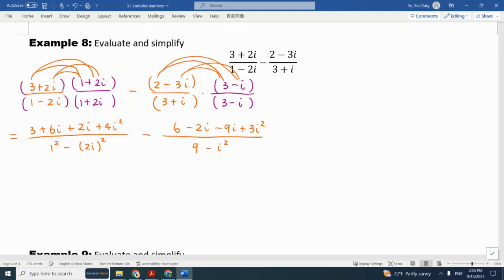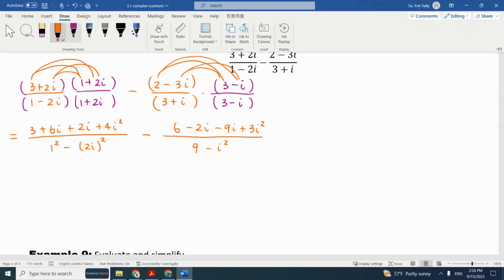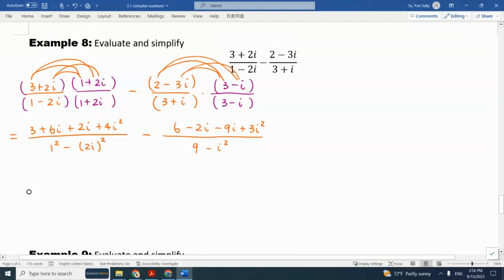Minus i squared. Yes, very good. Okay, now let's simplify. Kayla, what is i squared? -1. Good.